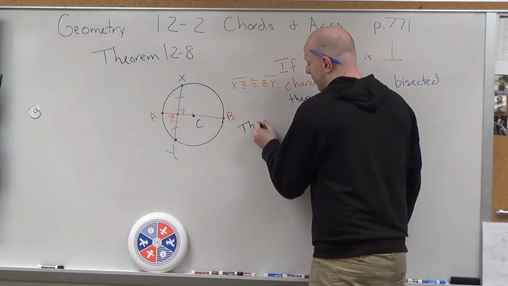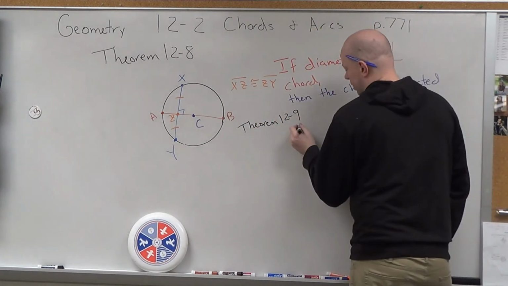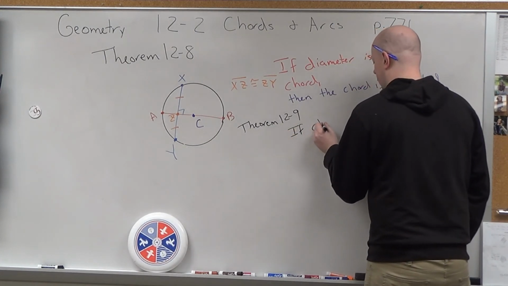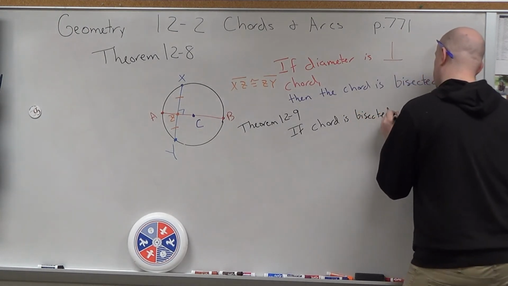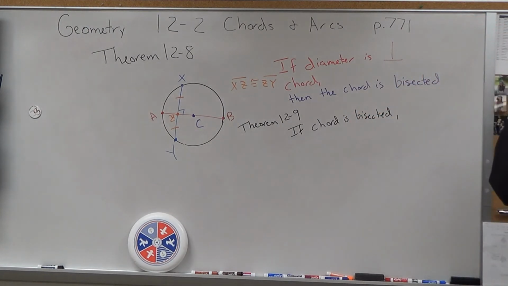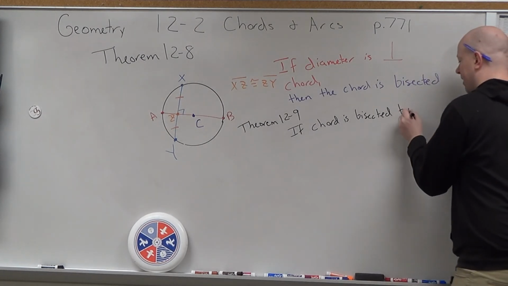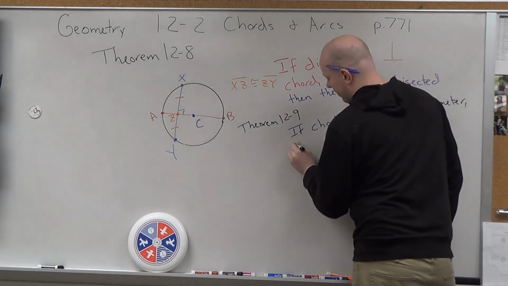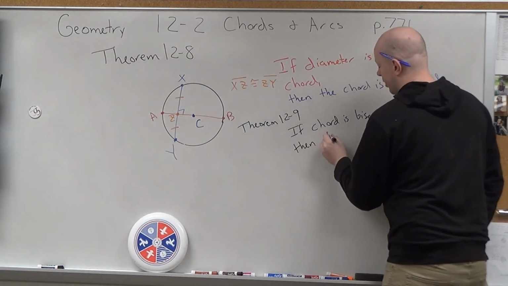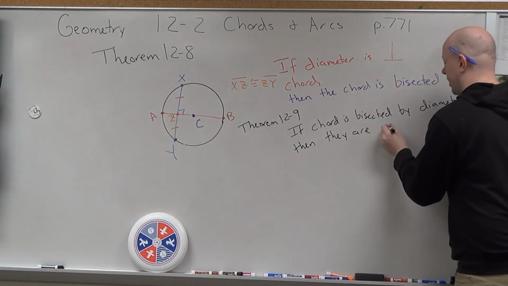So theorem 12-9 says that if chord is bisected by a diameter, then they are perpendicular.